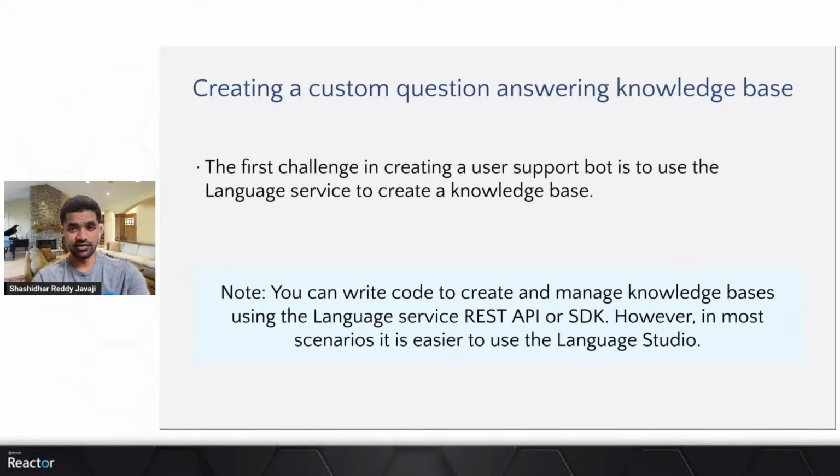After this answer, you can give a prompt, giving a suggestion to the user: this might be your next question. Depending on the requirement, you can change the knowledge base. One question with multiple answers can be done, one question with one answer can be done, and multiple answers or multiple things can be linked using the knowledge base.